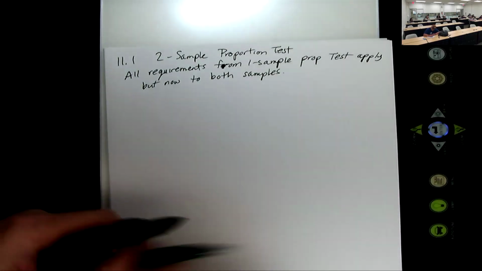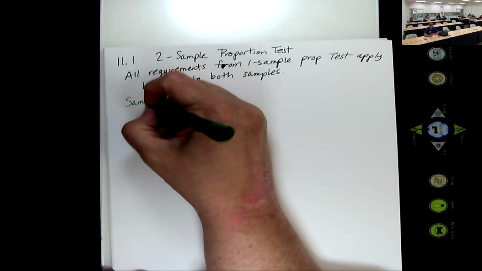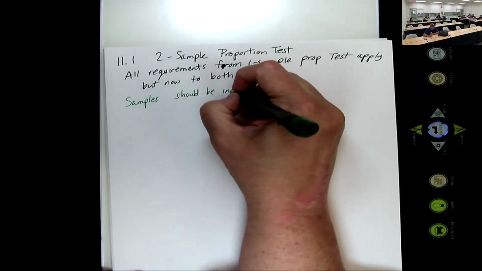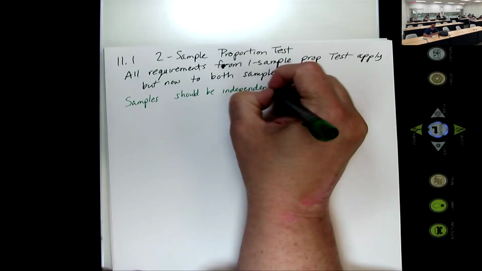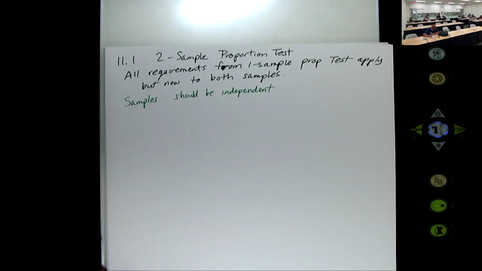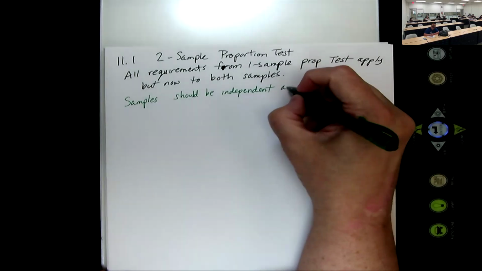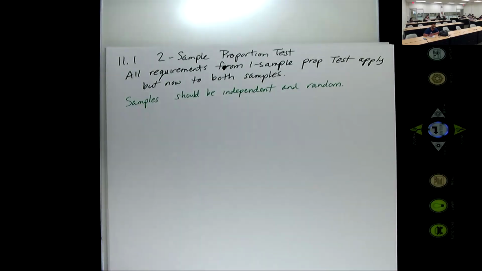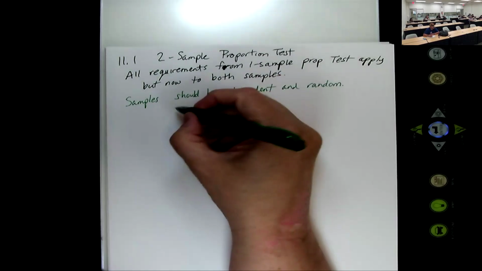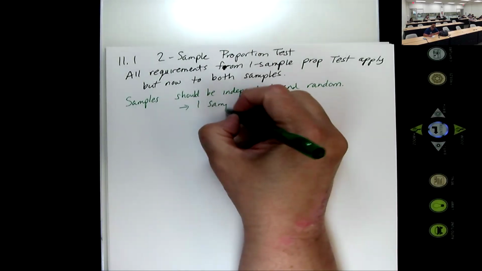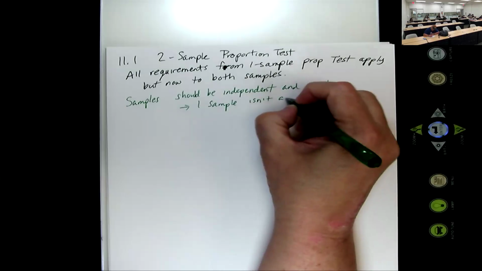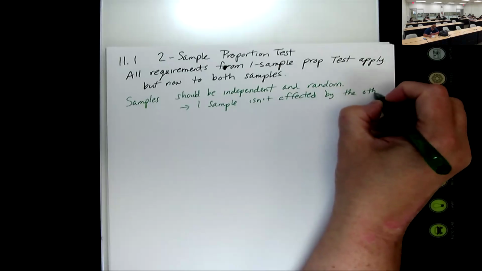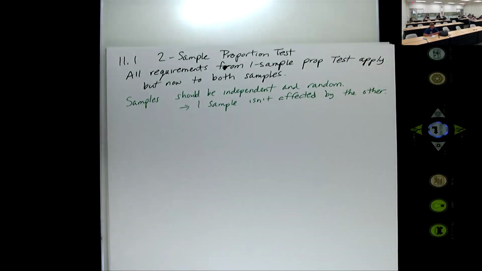So samples need to be independent and random. And what does that mean here? One sample isn't affected by the other. That's what I mean by independent. Random should be like random.